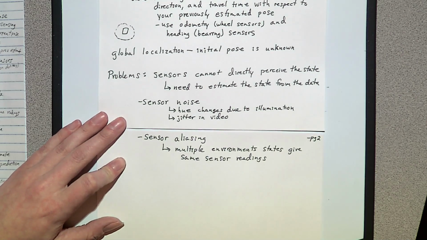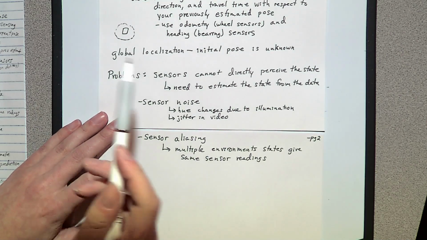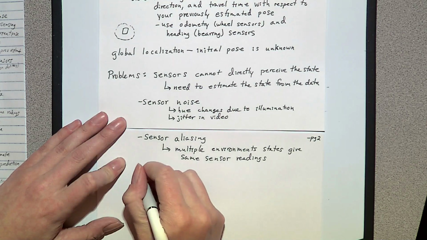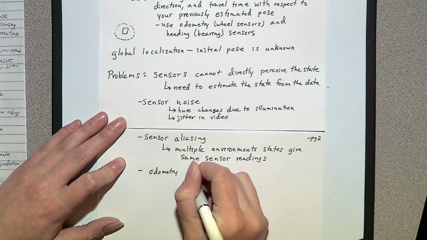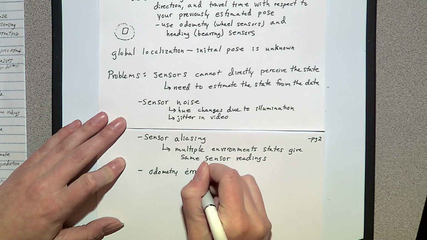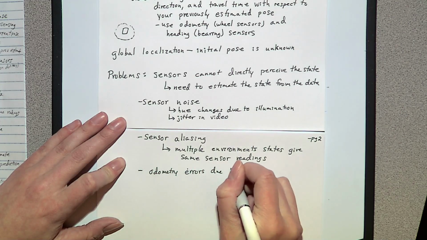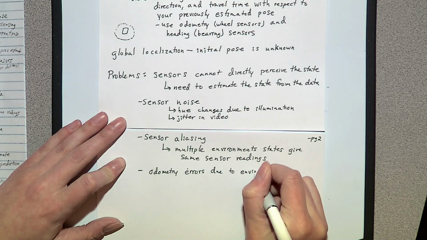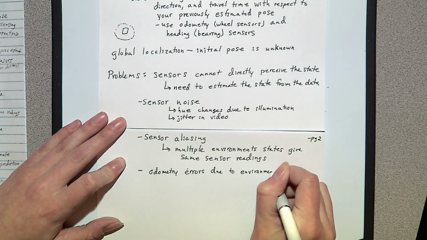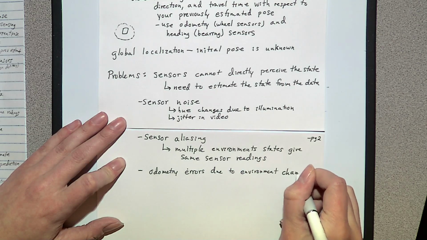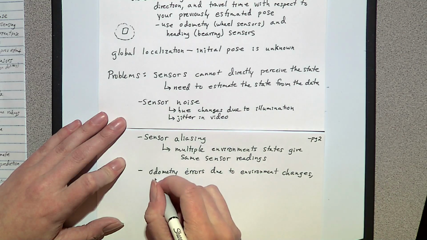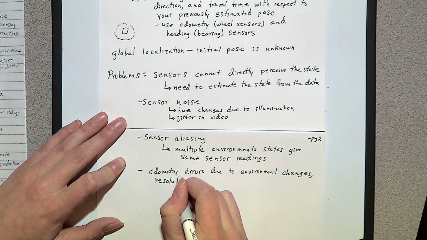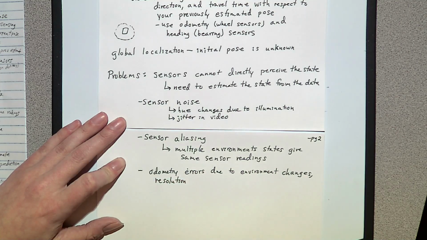And then, since typically the way that we do localization is to use the odometry sensors, and our odometry has a lot of errors due to environment changes, and the resolution of your sensors.